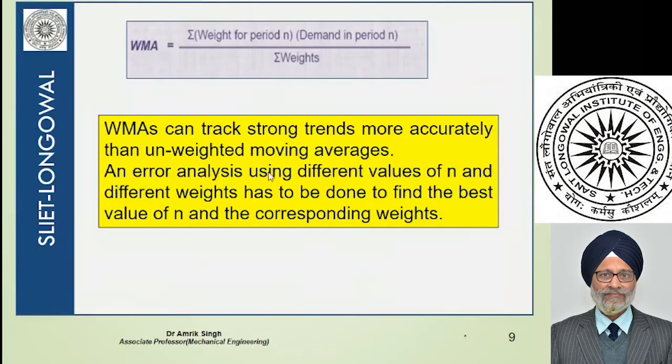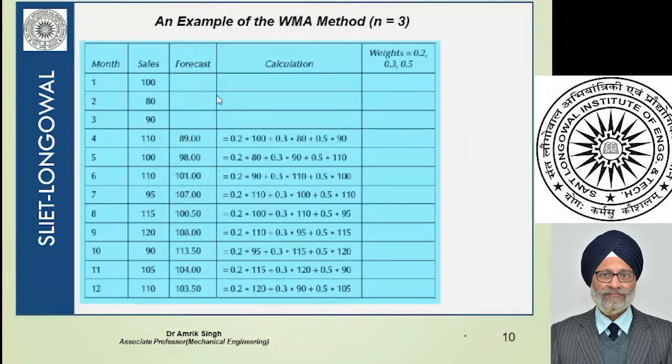And error analysis using different values of n and different weights has to be done in order to find the best value of n and the corresponding weights. We will also study how the errors occur and how they are calculated in the coming slides. Now we will take one example for the weighted moving average.